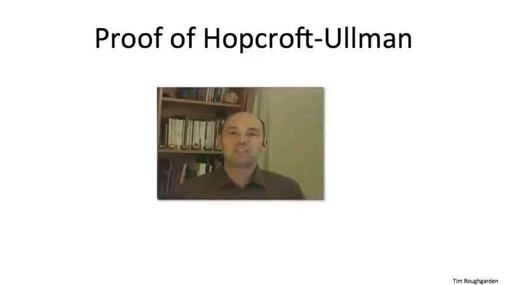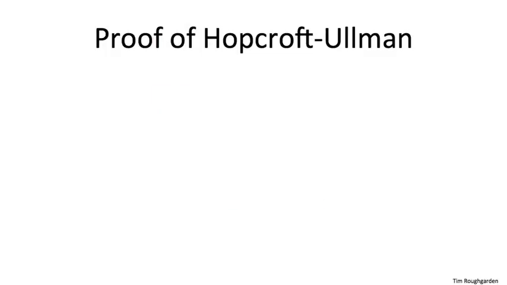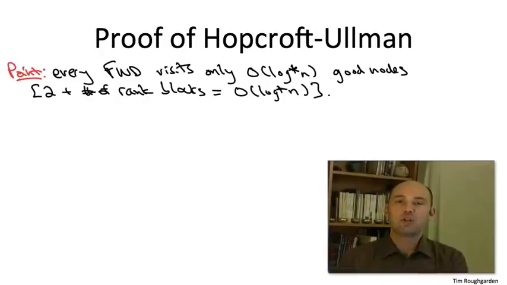So more precisely, I've set up the definitions so that the work done visiting good nodes is bounded by big O of log star n every single operation. Indeed, how many good nodes could you possibly visit during a find operation, say from some object X? So you start at X and you traverse these parent pointers going all the way up to the root. Well, there's the root, there's the descendant of the root, so that's 2. So let's set those aside.